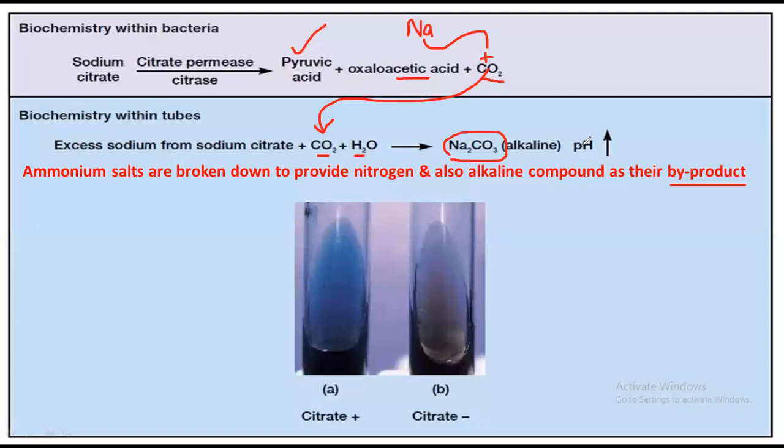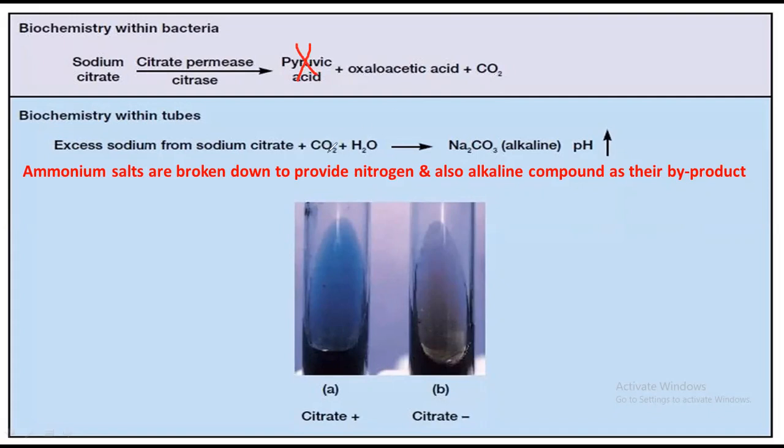So if there was no citrate enzyme, what will happen? There will be no production of pyruvic acid, there will be no carbon dioxide, and there will be no sodium.